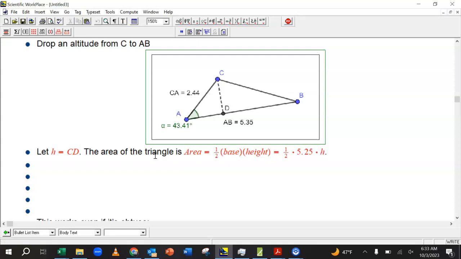Okay, so compared to some of the multi-step problems we have done and we're going to be doing, this is actually really quite chill. But I wanted to make sure that it was something you can do on your own. And so how would we get the height? In this right triangle, we have the hypotenuse, and the height is the opposite of the known angle. And so that's going to activate sine of that angle is equal to H over 2.44.